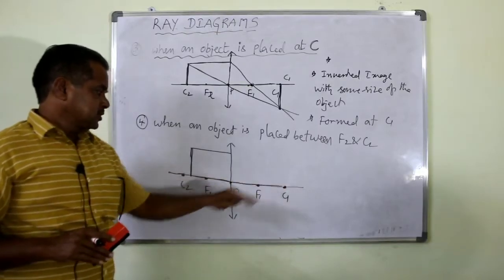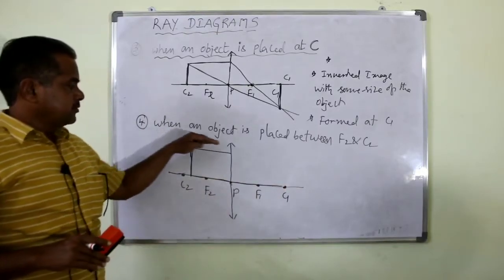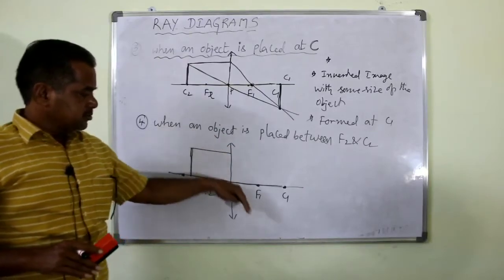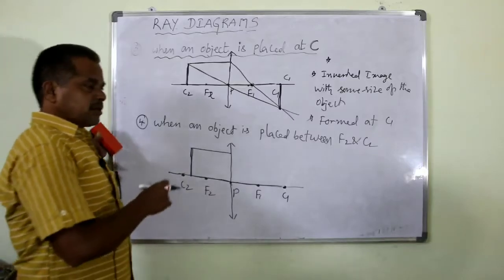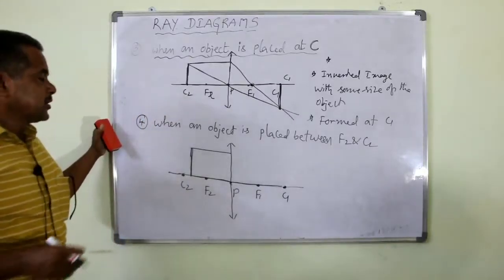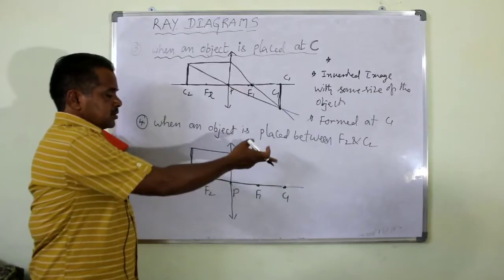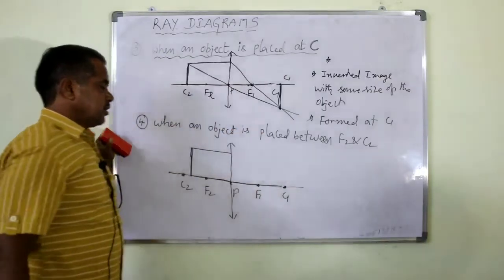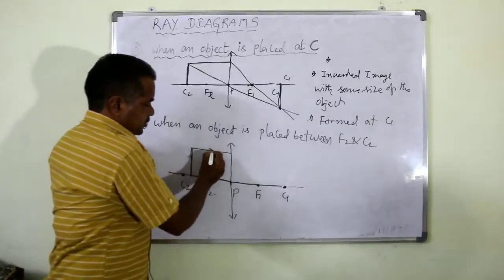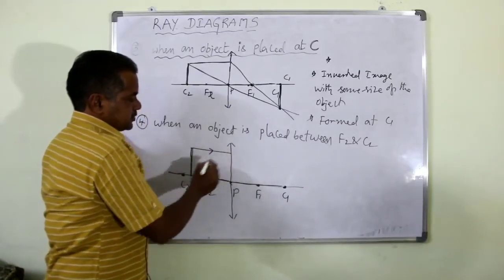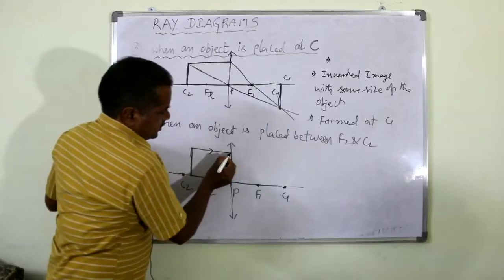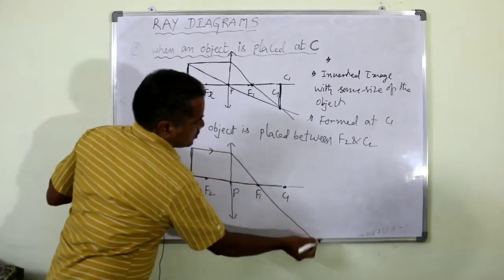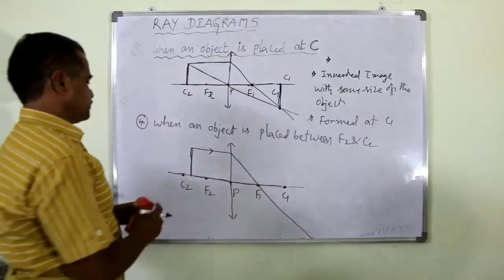One ray which passes along the principal axis, one ray which passes parallel to the principal axis, and one ray which passes through the optic center. We have already known the behavior of the light rays when they pass along the principal axis, parallel to the principal axis, and through the optic center. So any light ray which passes parallel to the principal axis, the corresponding refracted ray moves through the focus point.